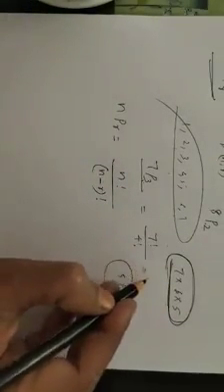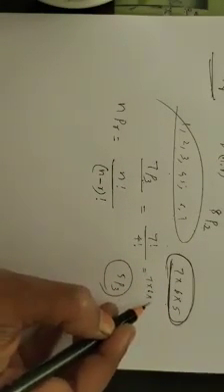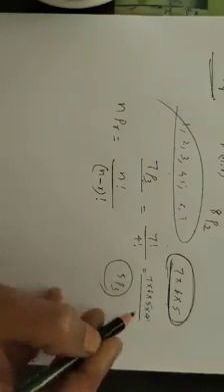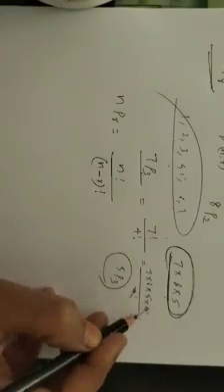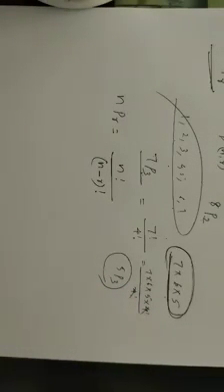We can write 7 factorial as 7 into 6 into 5 into 4 factorial by 4 factorial; 4 factorial cancels, and it becomes 7 into 6 into 5, which is the same as the principle of counting. You can choose any method, whichever is easy, either permutation or principle of counting; both are the same.